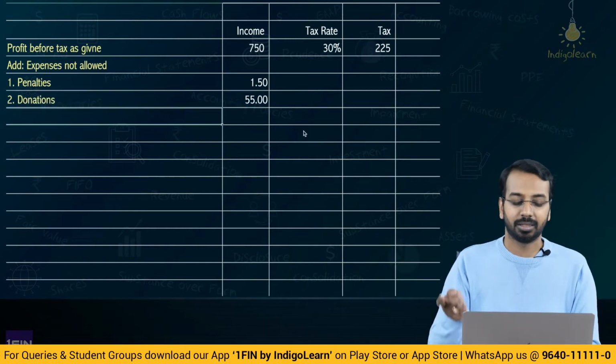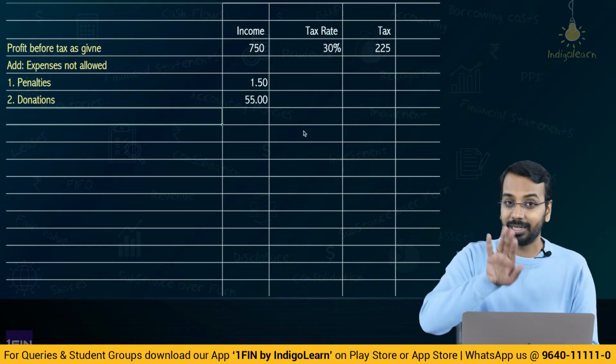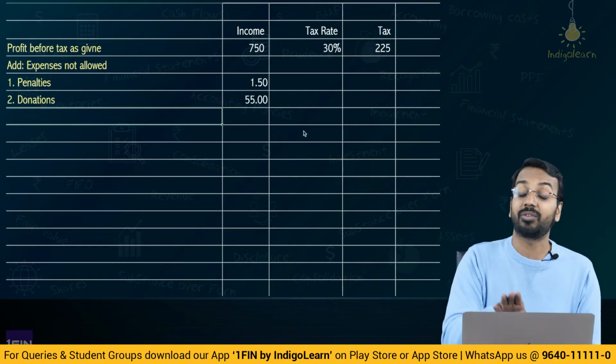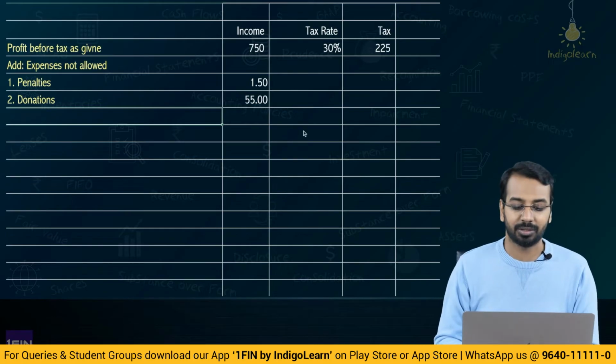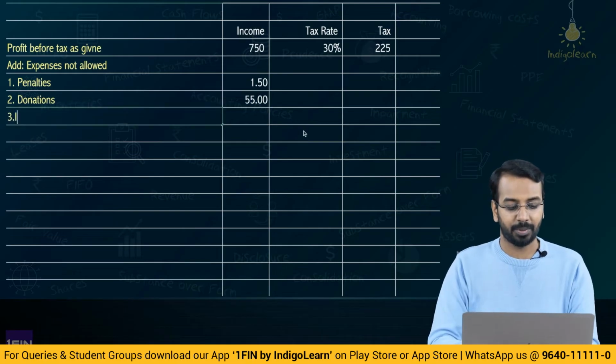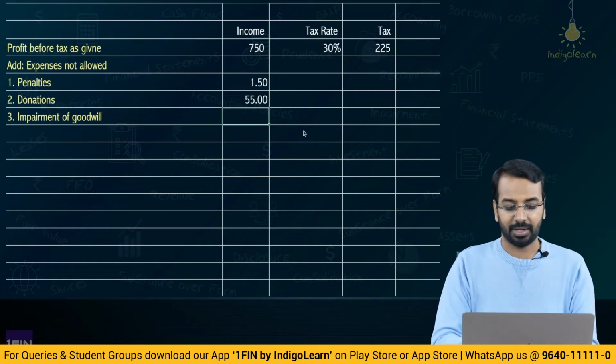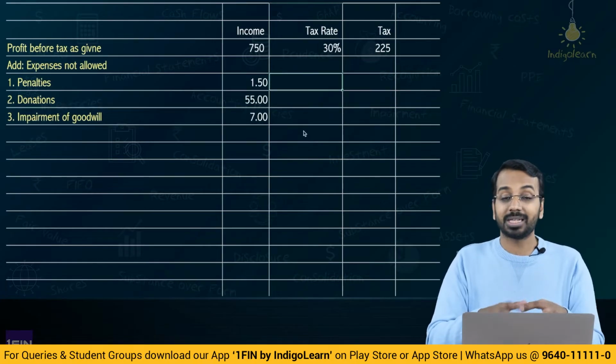Now don't get into thinking about this donation, 80G deduction and all of that. Income tax knowledge, keep it aside, because here they have given specific information as per the question. 3rd, impairment of goodwill, that is 7 lakhs. So all of these are not deductible.